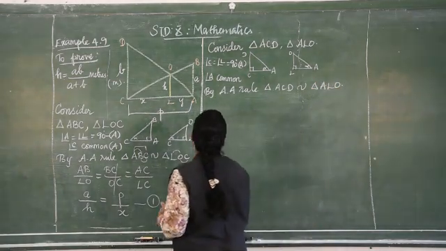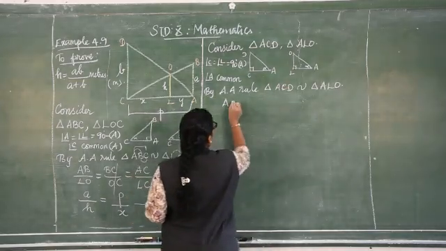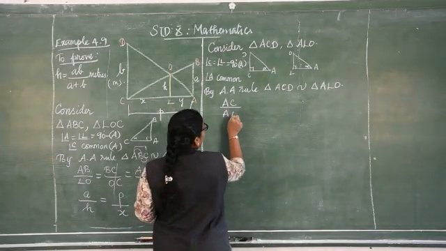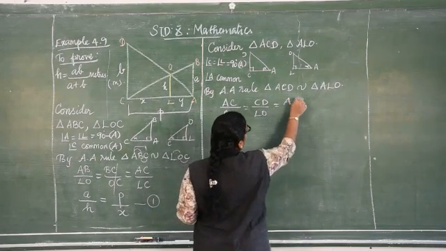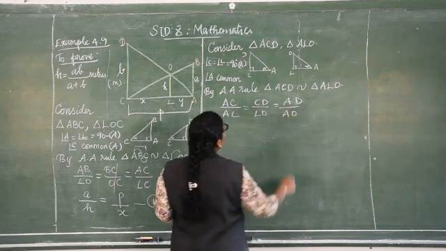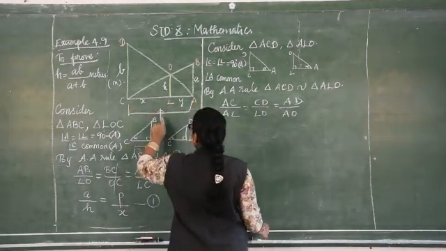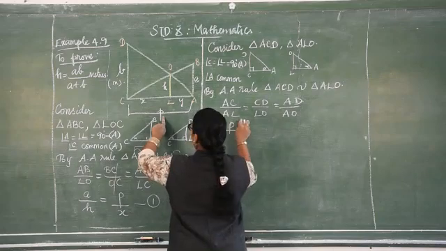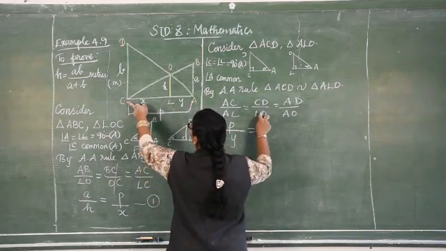When they are similar, what are the possibilities now? AC by AL is equal to CD by LO is equal to AD by AO. We apply the values we know. AC is again P. AL is Y. Is equal to CD.